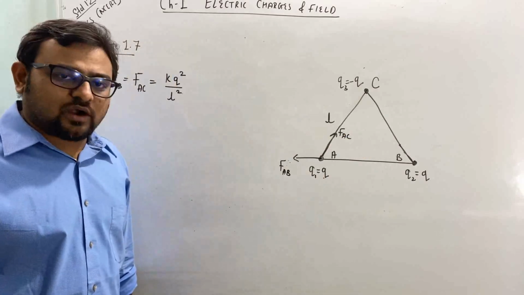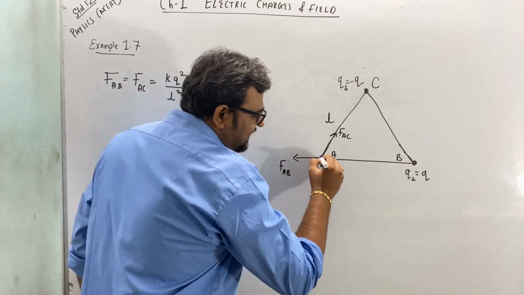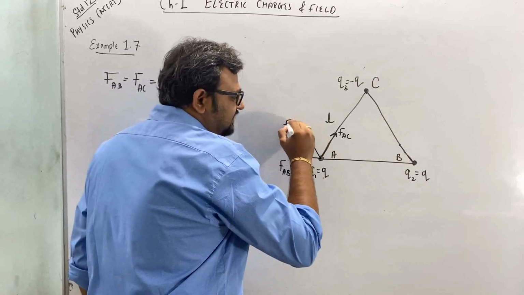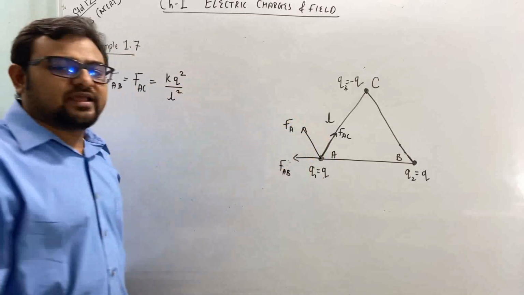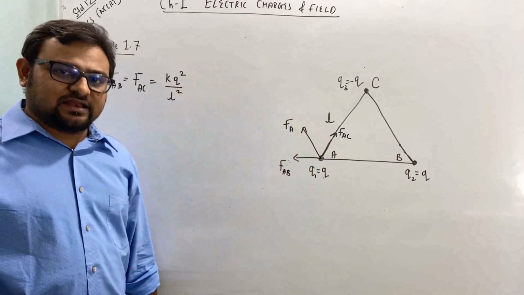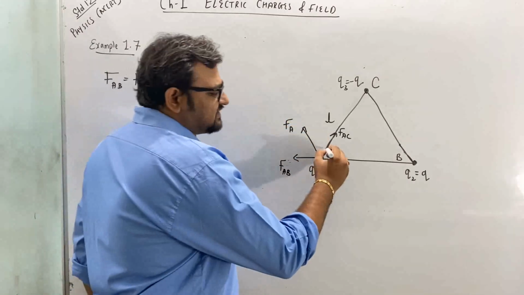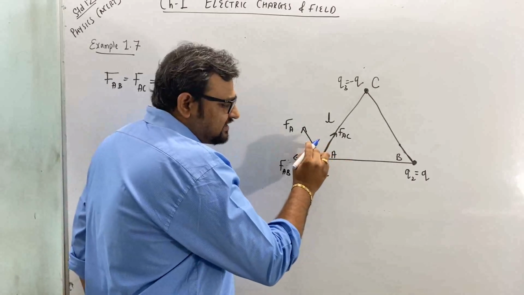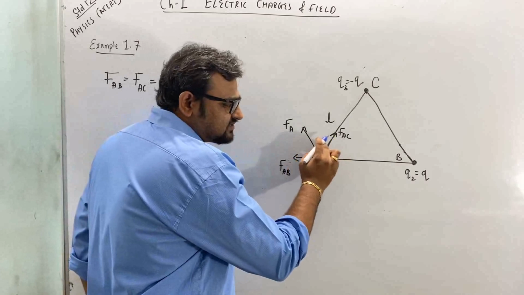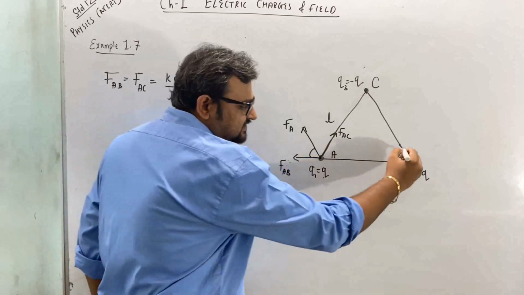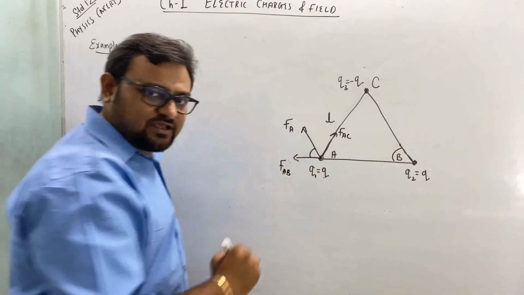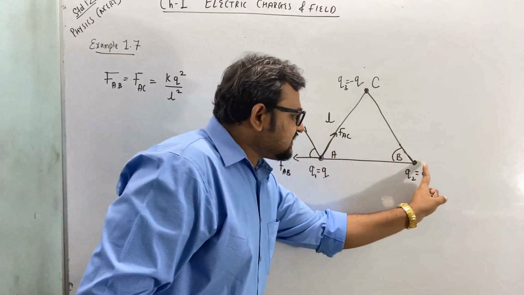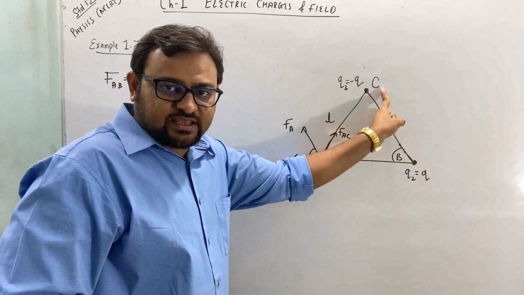So what is the resultant force? The resultant force will bisect this angle. So this will be the resultant force on A. Clear? So see here, as it is equilateral, the angle is 60 degrees, this will be 120, and bisecting this will be 60, and this will be 60. So this angle is 60, similarly this angle is also 60. So the direction of FA will be in the direction from B to C.